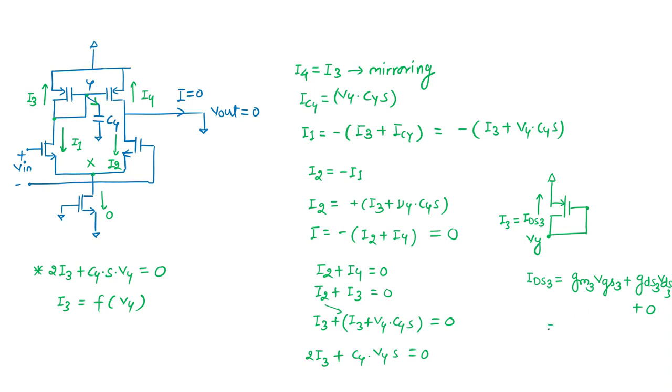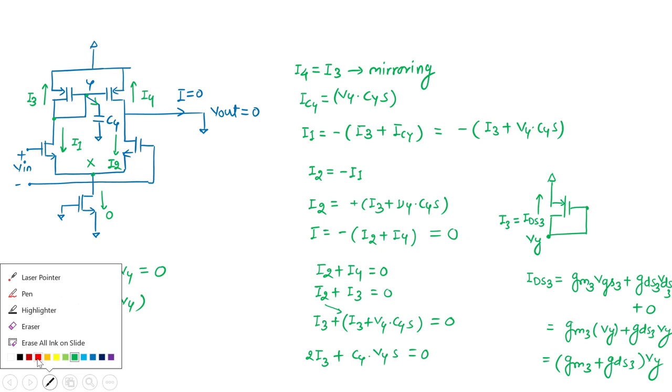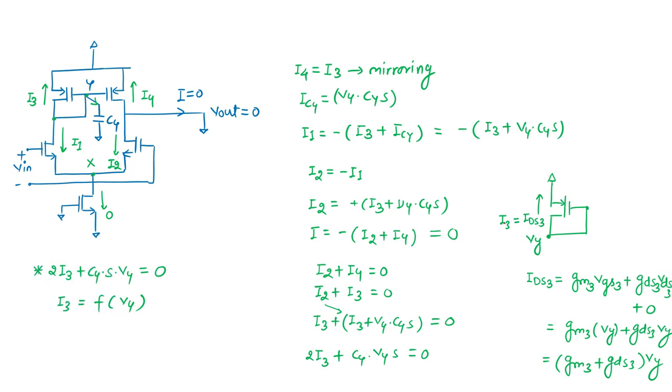So it can be gm3 Vy plus gds3 Vy, which is gm3 plus gds3 times Vy. We also know that gm3 is much greater than gds3. So IDS3, which is also I3, is equal to gm3 Vy.